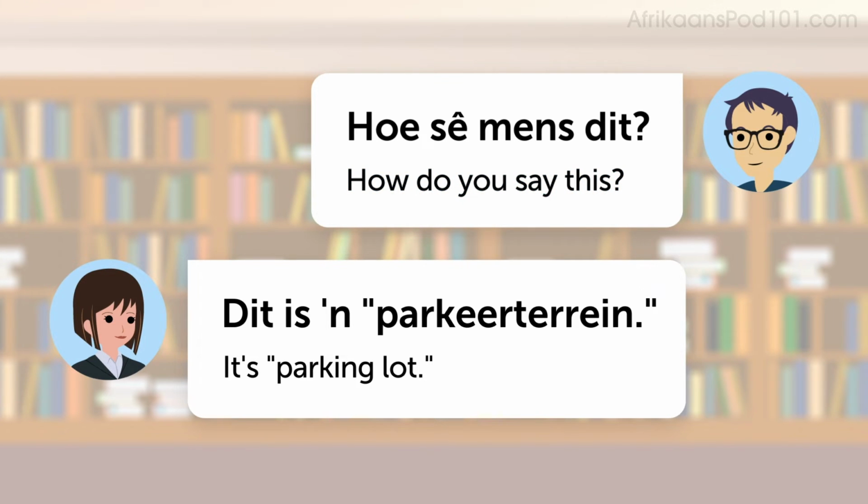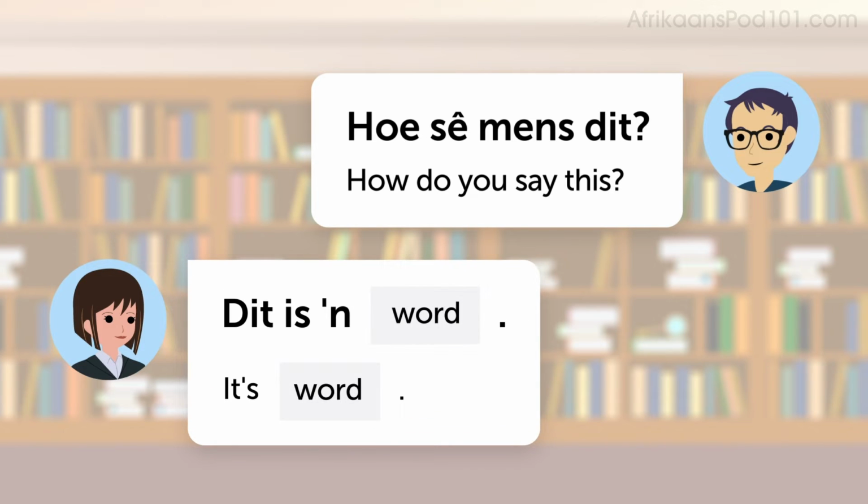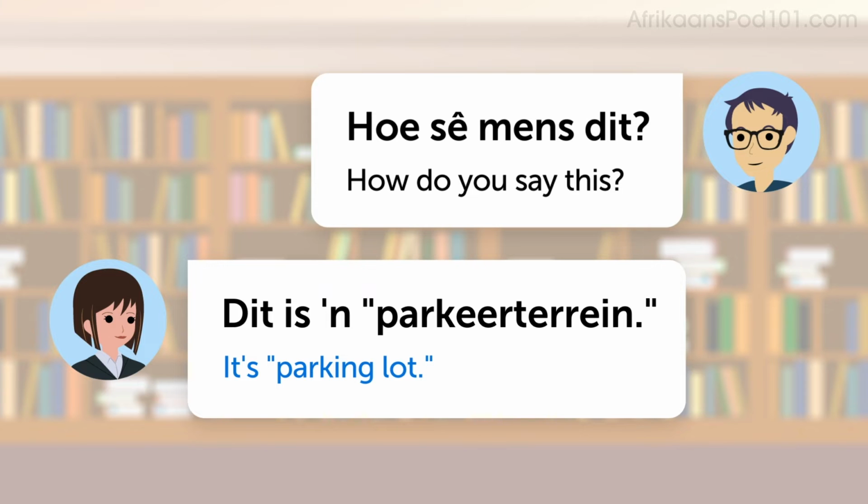Now, how do you answer this question? The pattern is Dit is 'n, word. It's, word. For example, it's parking lot. Dit is 'n parkeerterrein.